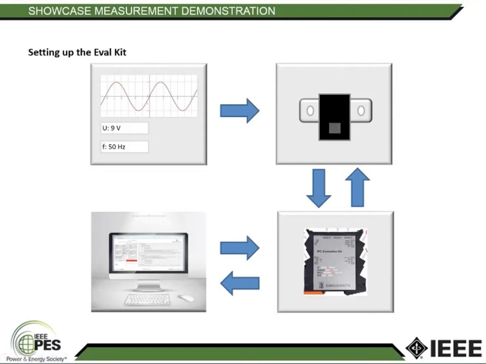And this evaluation kit basically interfaces with the current sensing module by sending the M clock signal to the sensing module, and it gets back the 1-bit data stream that we were talking about before. And the filters in there convert that into this readable signal that is plotted onto our PC screen.